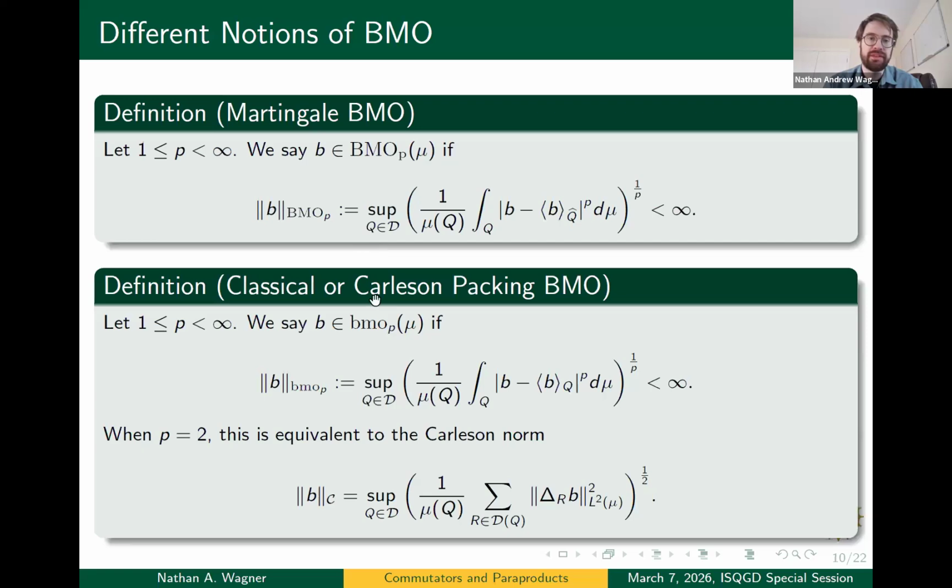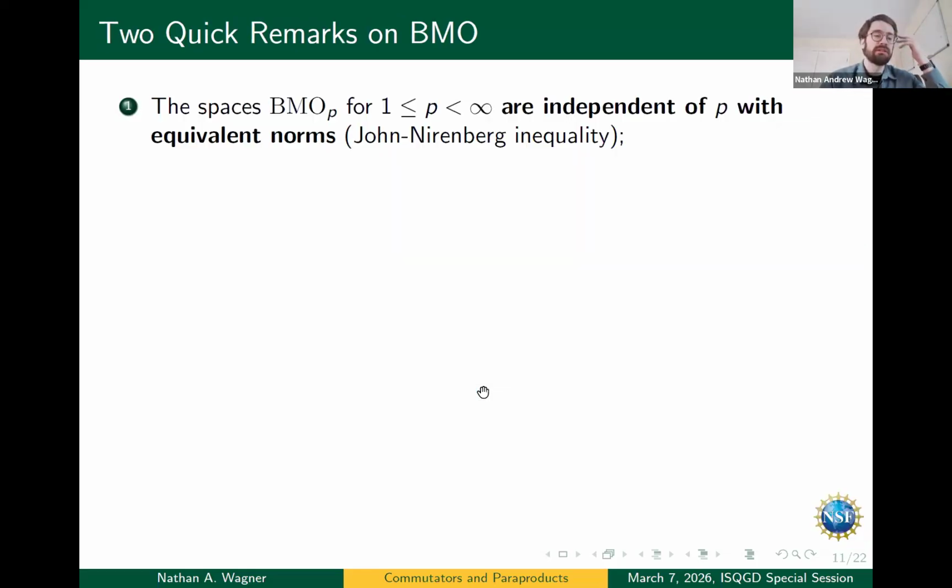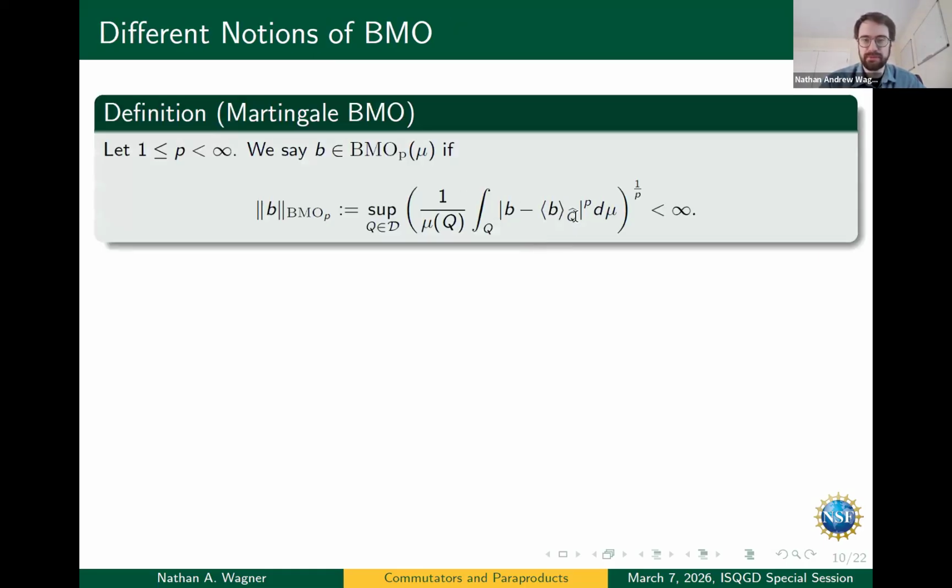Now, things are a lot more subtle if you don't assume that your underlying measure is doubling. So the martingale BMO space has the nice classical properties that I was talking about. In particular, these spaces are actually independent of p with equivalent norms. If you're familiar with the John-Nirenberg inequality or theorem, basically this is the John-Nirenberg theorem in this setting: it doesn't matter what exponent p I put here, I'm still going to get an equivalent norm.